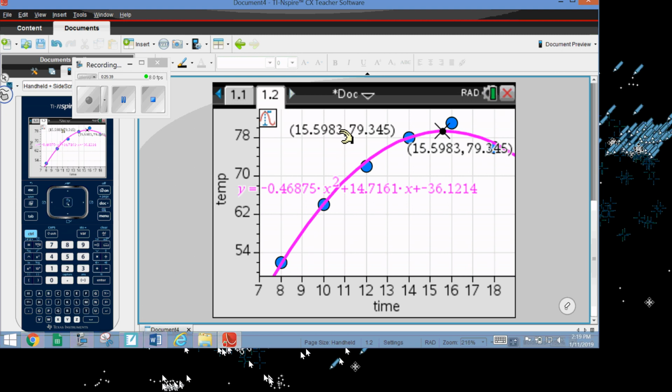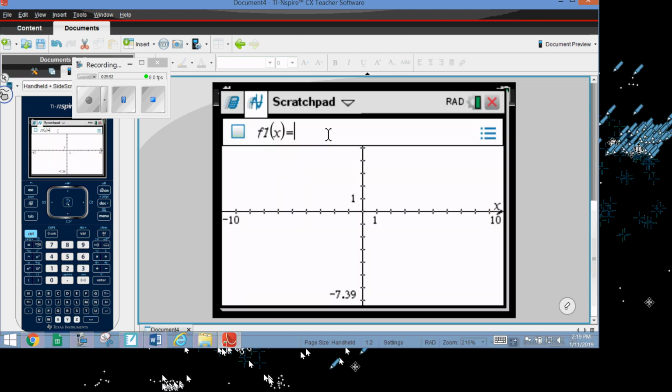If you want to make sure, what you can do is get this one. Unfortunately, this calculator doesn't have switch and copy. When you type this in the terminal and then copy it back to the graph portion, it's going to tell you the answer. You know how to find the maximum point, right?